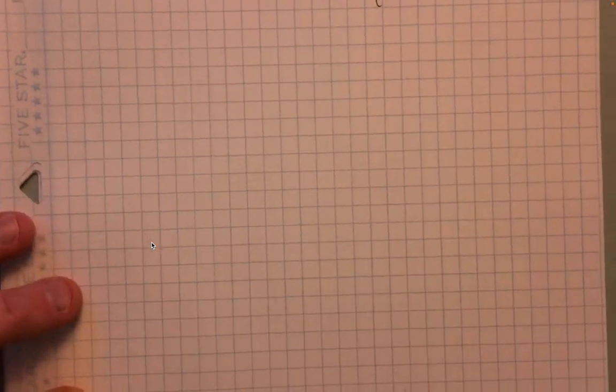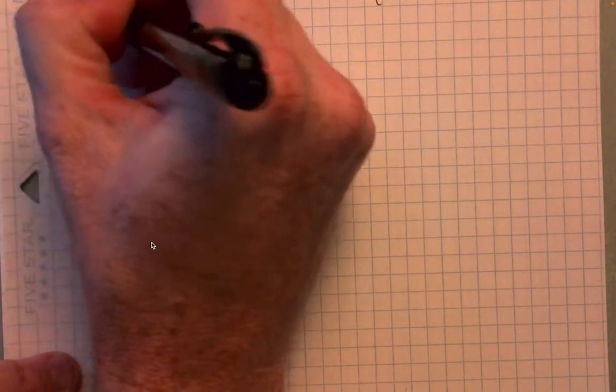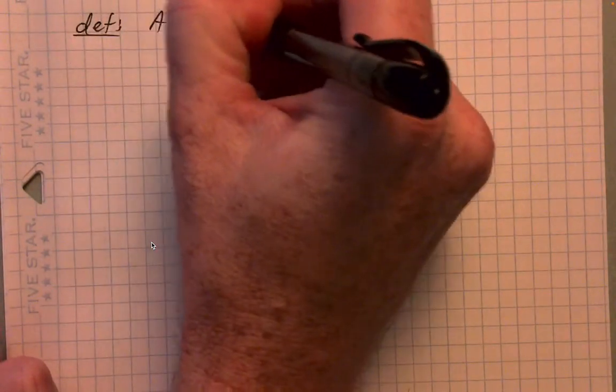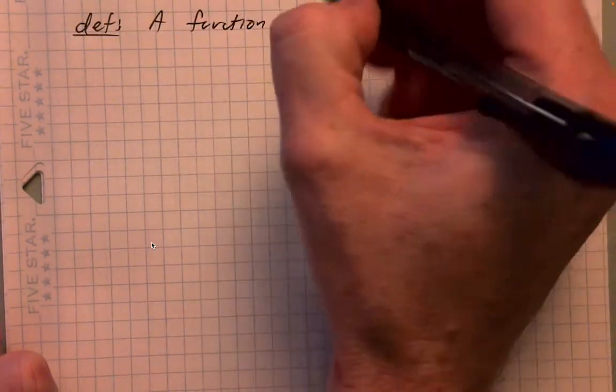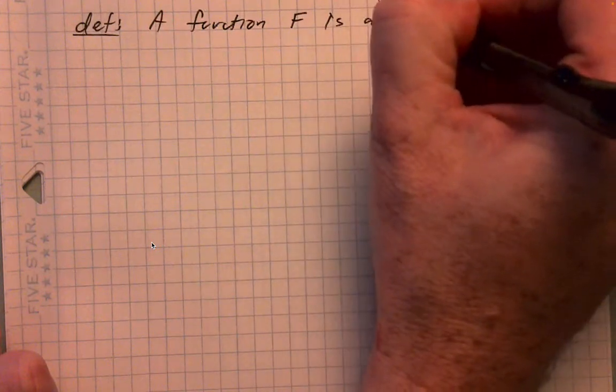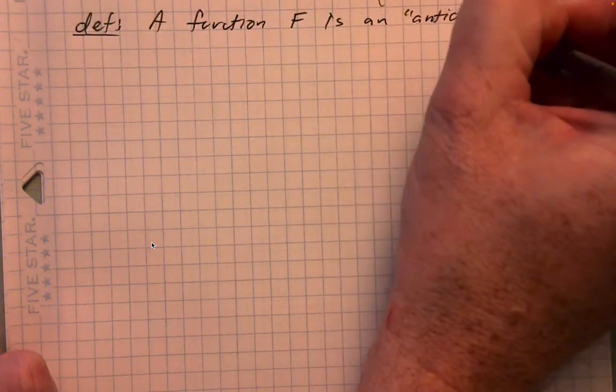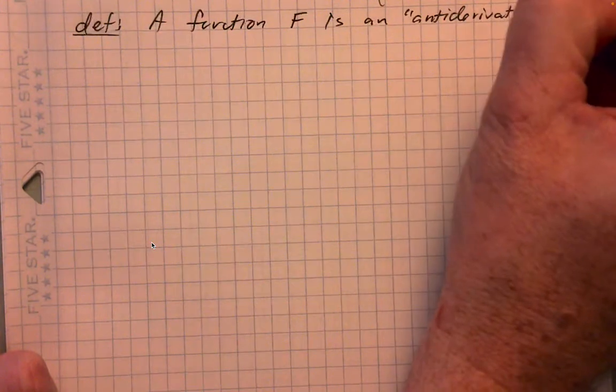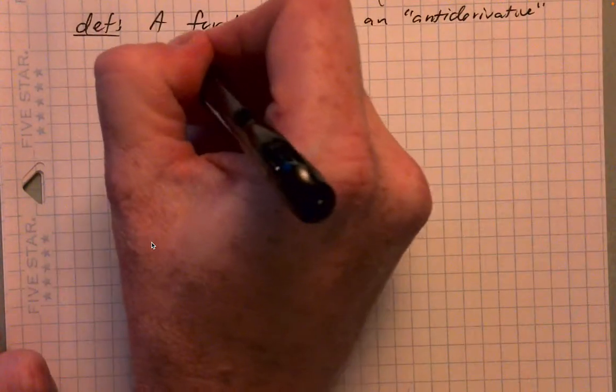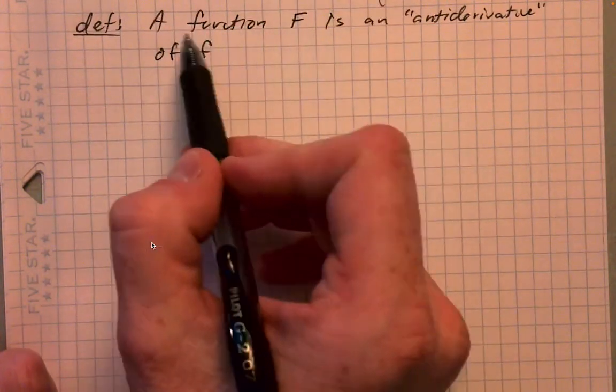Our first definition here is the definition of an antiderivative. If I asked you what an antiderivative is, you might be able to tell me roughly what this definition is. Very straightforward.